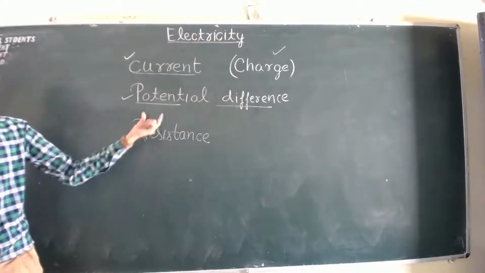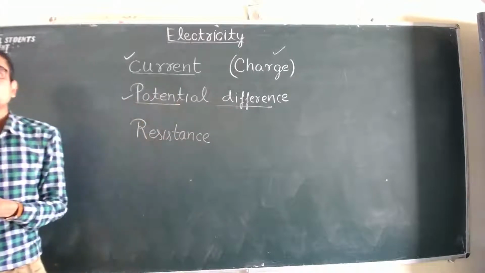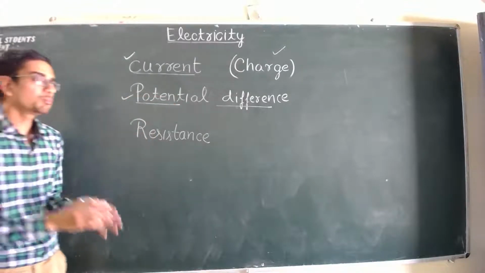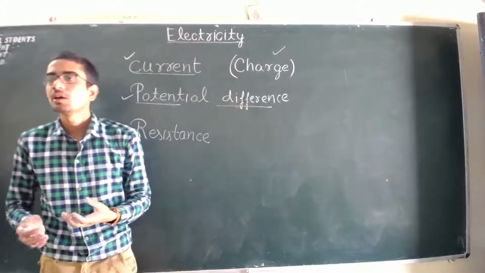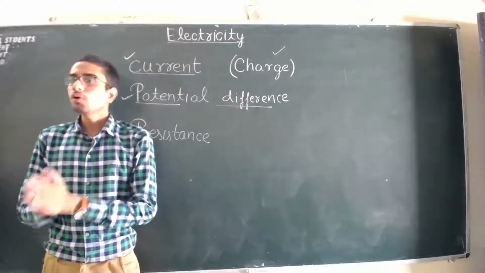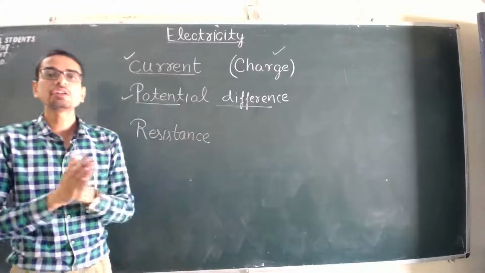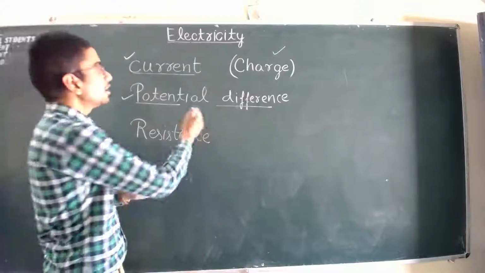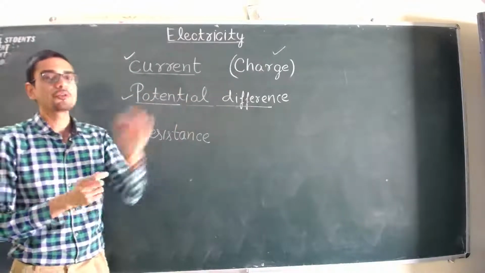It is the difference of potential, the difference in charges. For example, you have studied osmosis: the flow of solute particles from high concentration to low concentration. Similarly, electrons also flow from high potential to low potential.